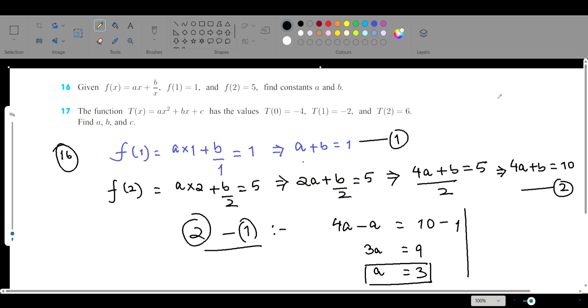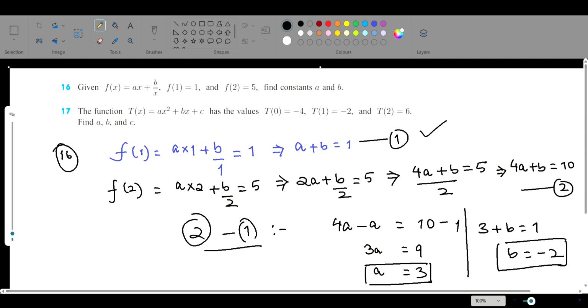Now to get the b value, I can substitute this a value in either of the equations, and I'm going to get the same b value. So let's say I substitute in 1. 3 plus b is equal to 1. So b is 1 minus 3, which is minus 2.